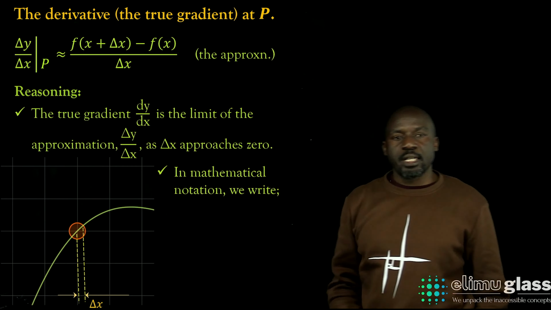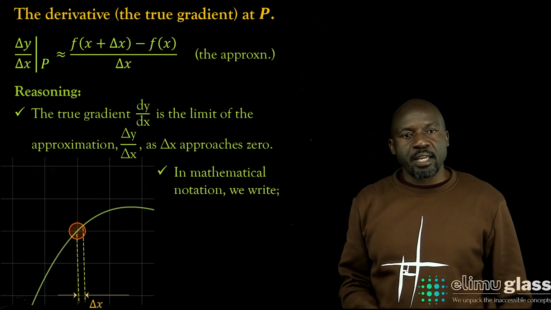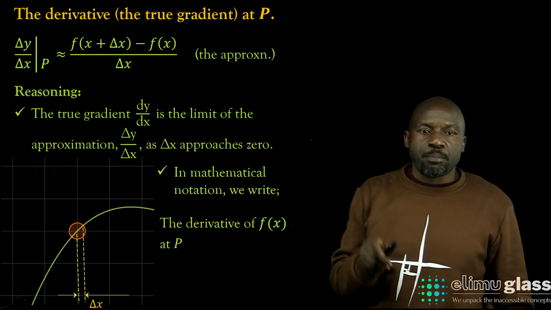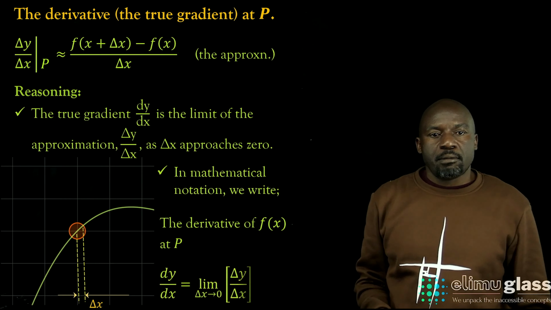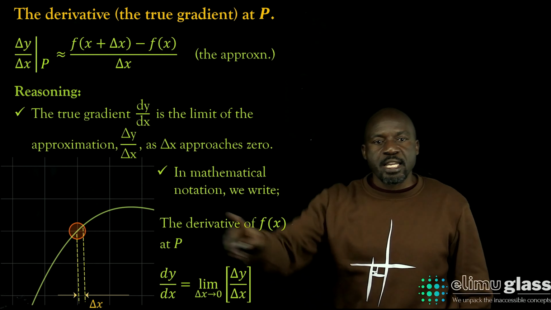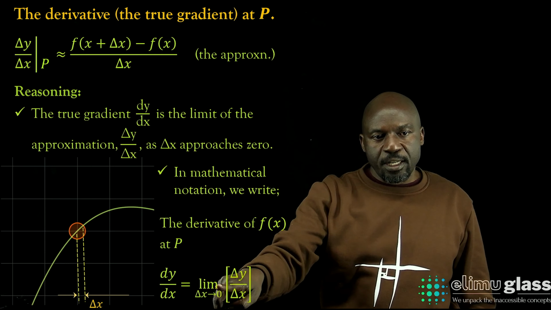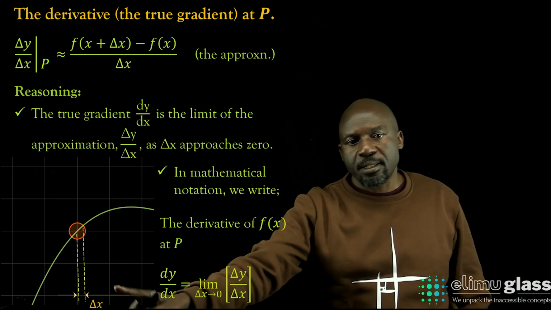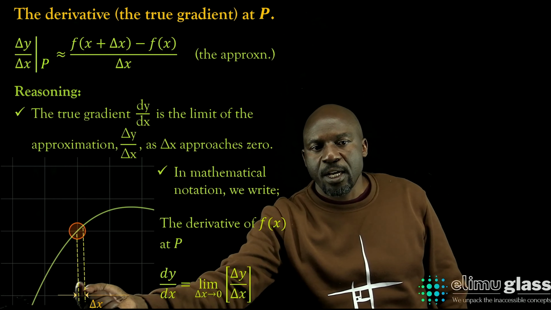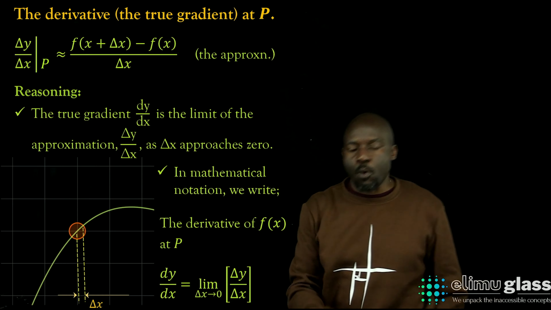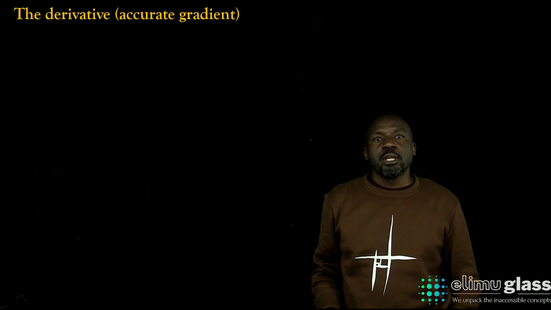That's why we needed to understand a bit of limits at the introduction. So we write that the derivative of f of x at point P is the limit, okay? So dy by dx, the true gradient, is the limit as delta x tends to 0 of the approximation delta y over delta x, okay?